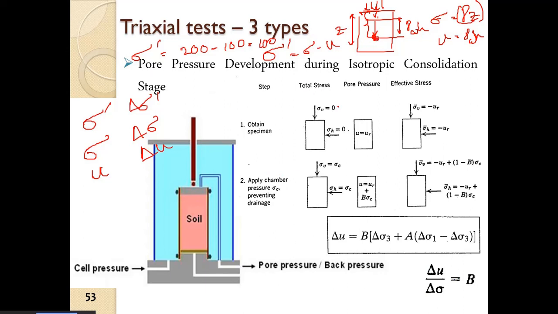Now we took the sample out, and the total stresses on the sample will be 0. There will be some residual pore water pressure, and there will be an effective stress state. Then we apply the cell pressure again. We put it in the triaxial cell and start applying the cell pressure.